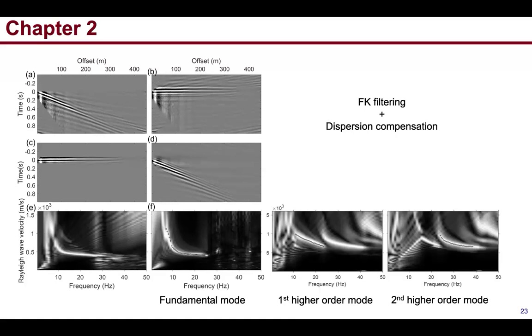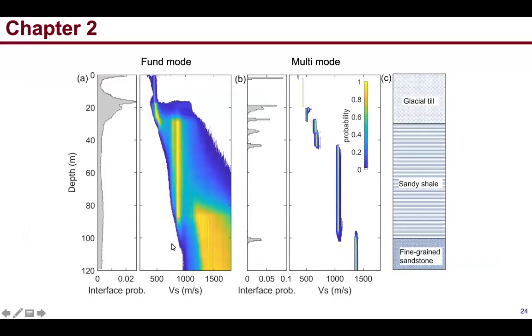You just shift a certain mode of the dispersion curve to be around the zero time area, then you filter the other modes with other velocities, and then you shift it back. So the interference from the neighbor modes is removed, and in our filtered data, the dispersion curves are more clear for picking.